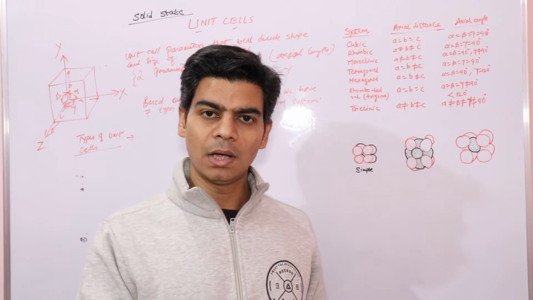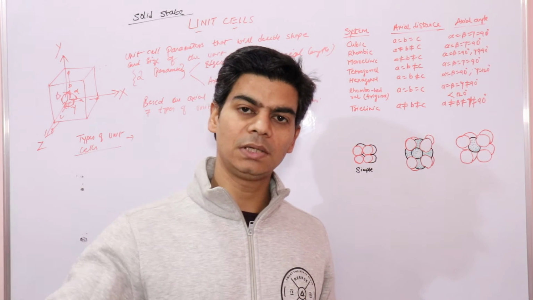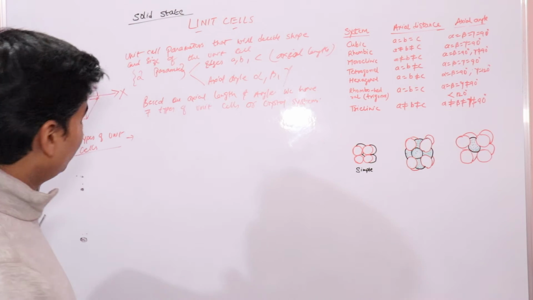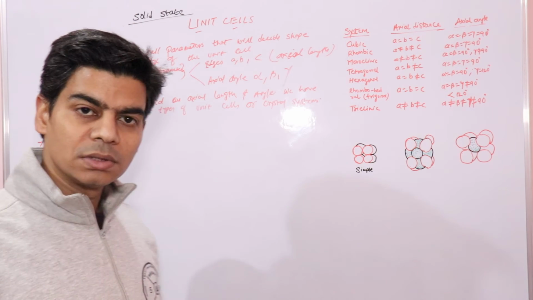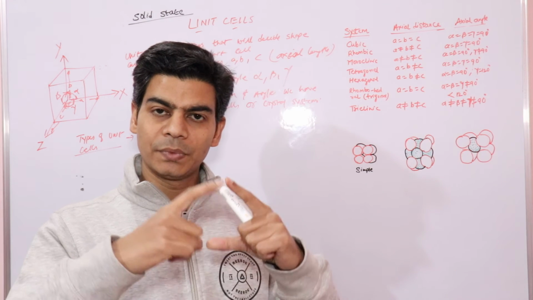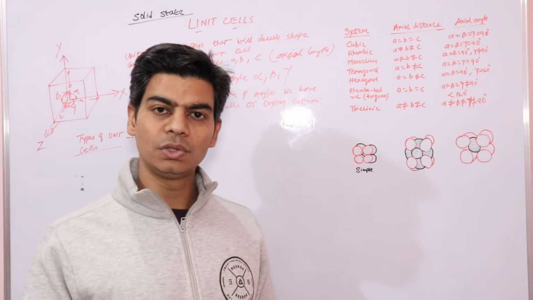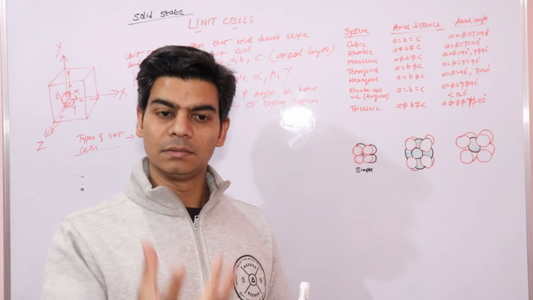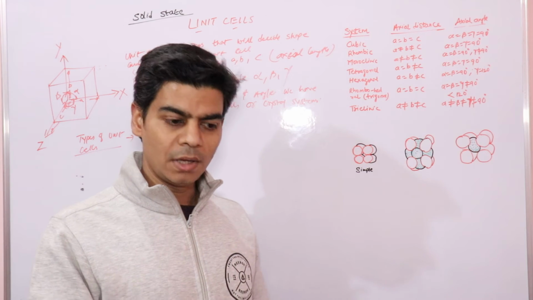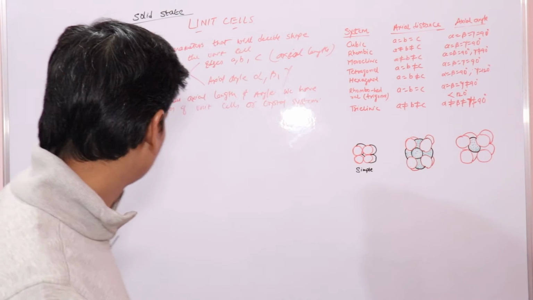The crystal lattice shows how atoms, ions or molecules are arranged in a particular crystalline solid. The unit cell also shows you the basic structure of a crystalline solid, how constituent particles are arranged in a solid.